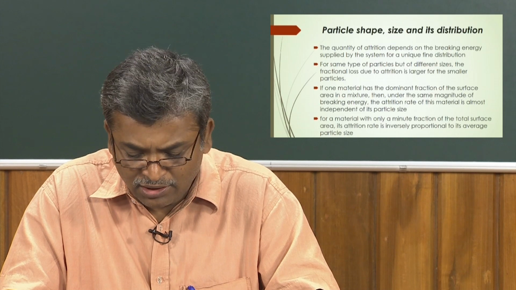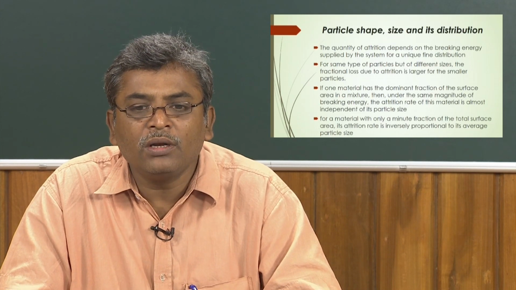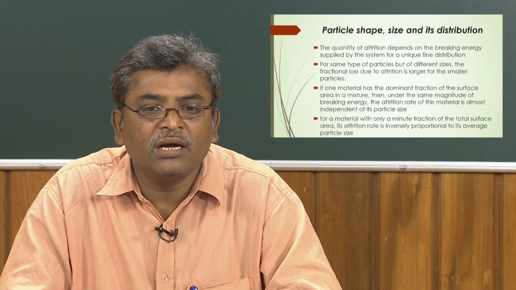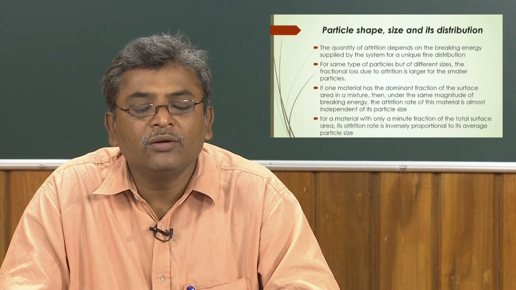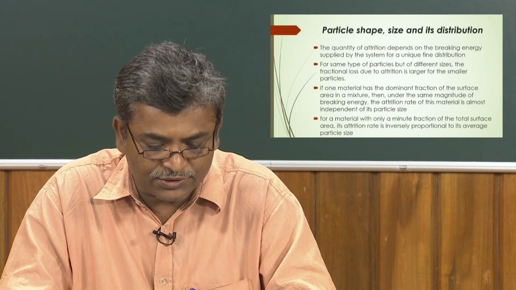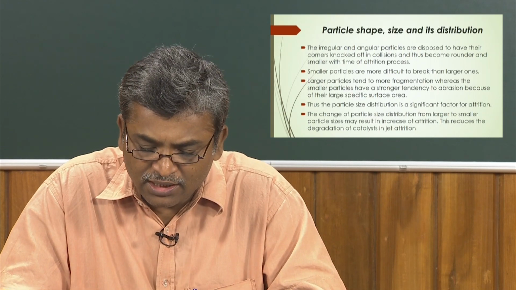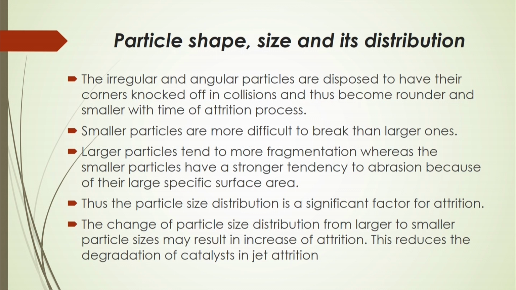For a material with a very small fraction of the total surface area, its attrition rate will be inversely proportional to the average particle size. Irregular or angular particles tend to have their corners knocked off in collisions, and hence become rounded and sometimes smaller with time during the attrition process.